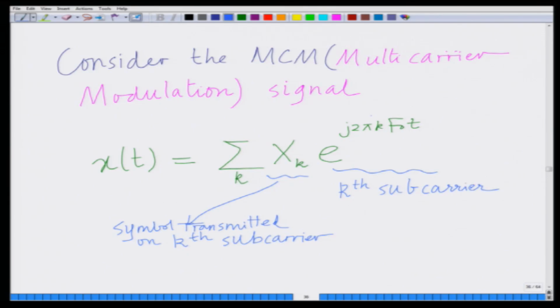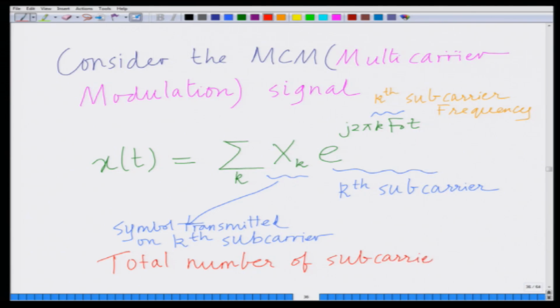K f naught is the kth subcarrier frequency, and we have N subcarriers, the total number of subcarriers in this system is N, right.